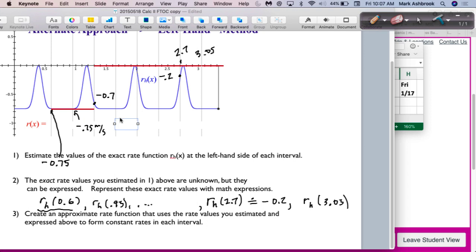Next interval, where should the next constant rate go? Yes, sir. Right, so at the left side, the rate was negative 0.7, so I'm going to let the rate be constant at negative 0.7 that whole way across.